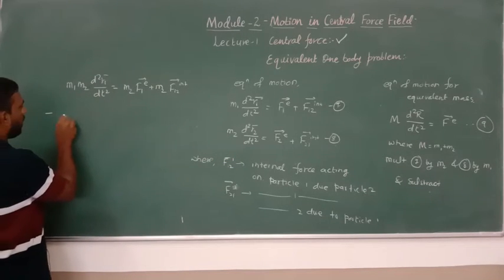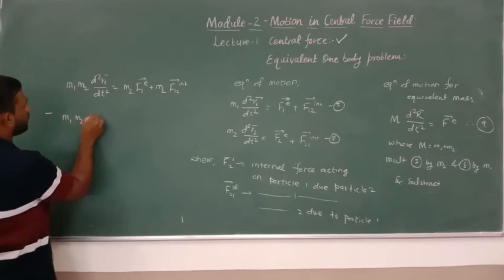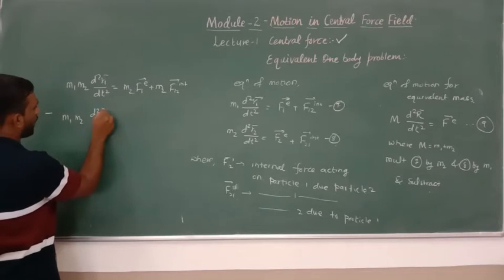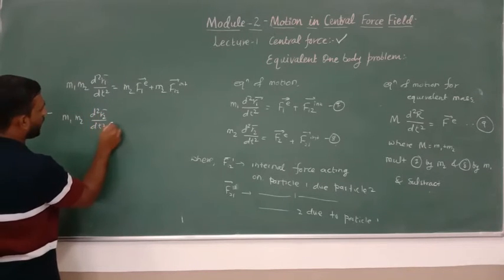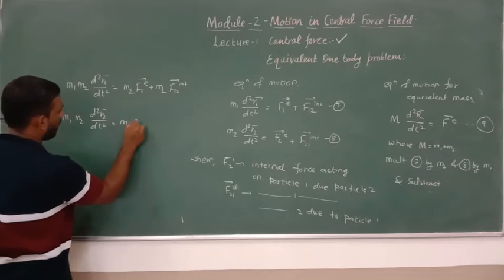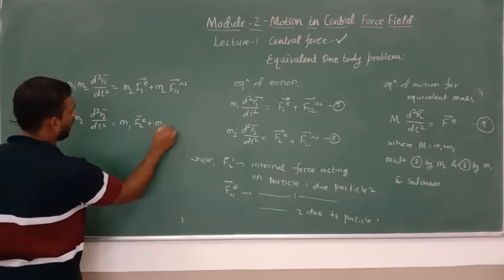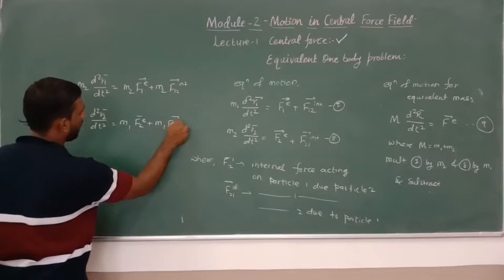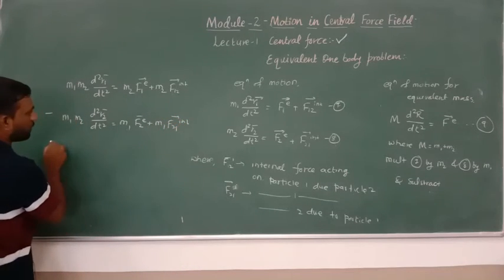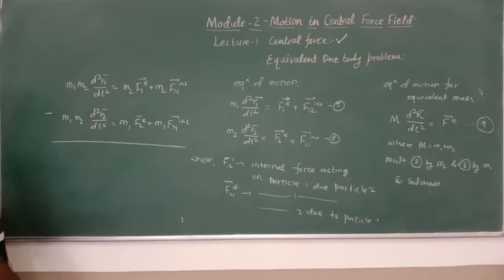So m1 m2 d2 r2 bar by dt square is equal to m1 f2 external plus m1 f21 internal. Okay, so if you subtract these two equations, what do you get?